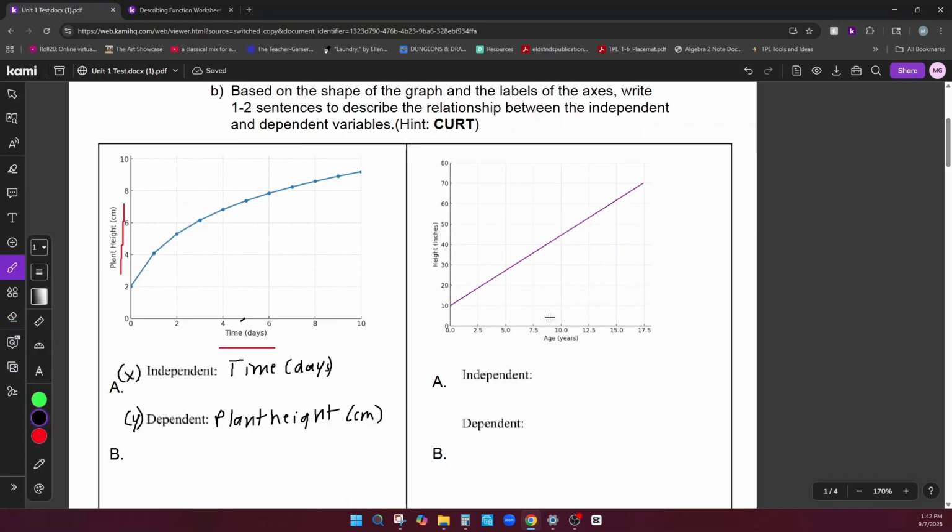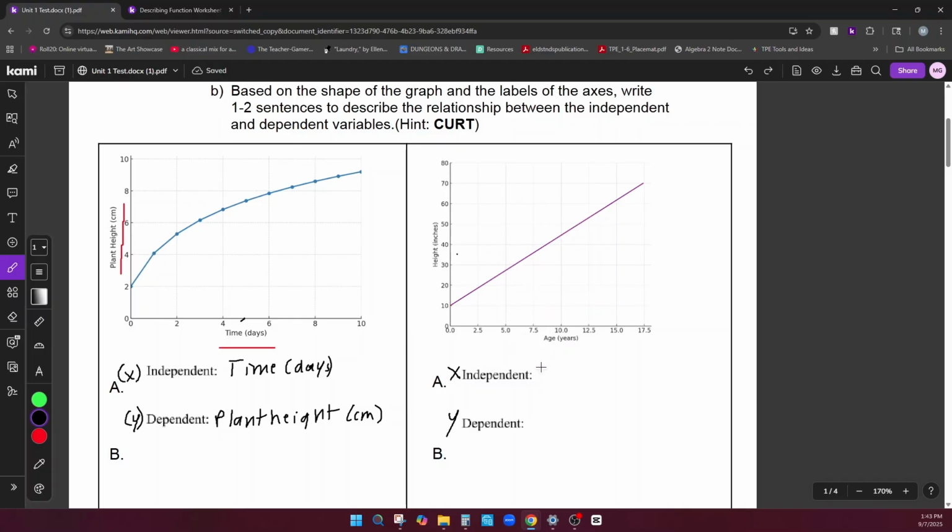So here we have, once again, age and height. We know from our last example that our independent variable is going to be our x, and our dependent is going to be our y. And if we look at the situation, that again makes sense. Our height does not affect our age. However, our age does affect our height.